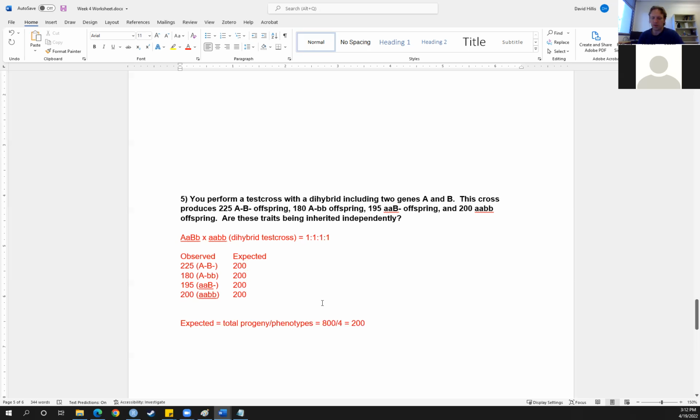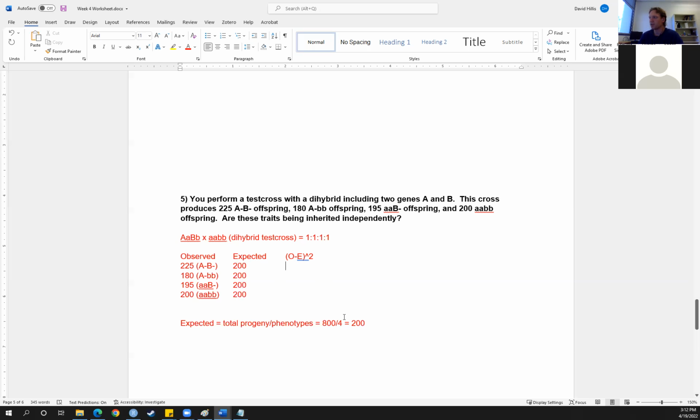So then we want to calculate out the difference, or really the square of the difference. Sometimes I see this as observed minus expected. It could be expected minus observed. It doesn't really matter because we're going to square the results either way, so it's going to come out the same either way.